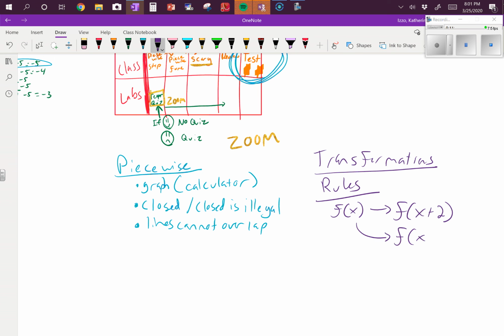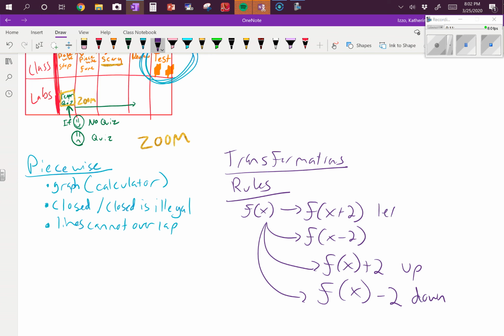F of x minus 2, what does that mean? F of x plus 2 is a very different thing. F of x minus 2, also a very different thing. So this would be going up, this would be going down. Remember, the plus and the minus are always the opposite of the way you think they are. So the plus is going to the left, and the minus is going to the right.